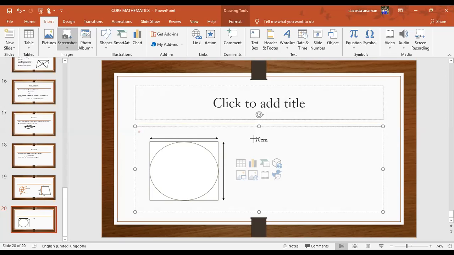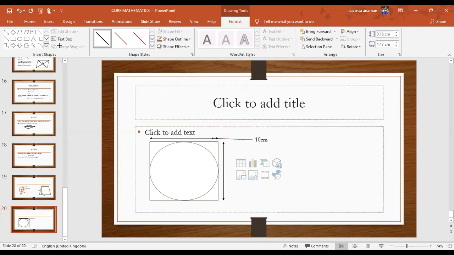I don't understand. Okay, so these two lengths are both 10 centimeters, okay? Find the area of the shaded region, and I'm about to shade the shaded region for you right now.